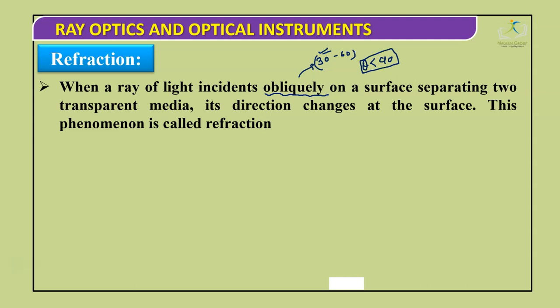So when a ray of light is incident in this angle range on the surface separating two transparent media, its direction changes. Students, if the direction changes, that means somewhere the velocity also changes. Now, when moving from one medium to another medium, the frequency remains constant.